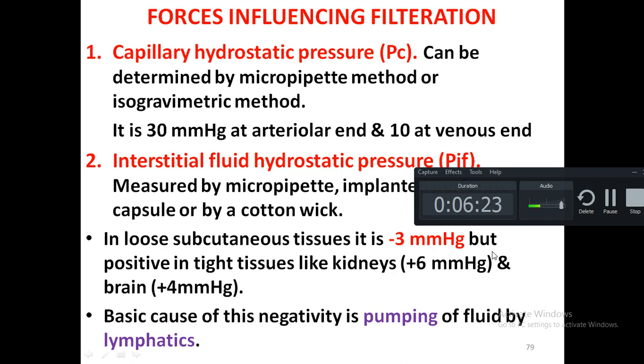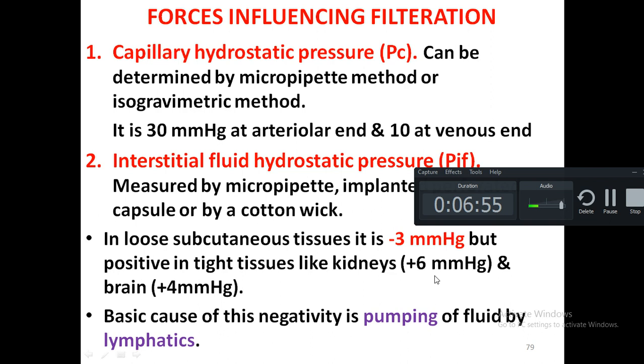But if the organ is encapsulated, for example, the kidneys or the brain, then the pressure will be in a positive direction. In the kidneys it is usually +6 millimeter of mercury, whereas in the brain it is about +4 millimeter of mercury.